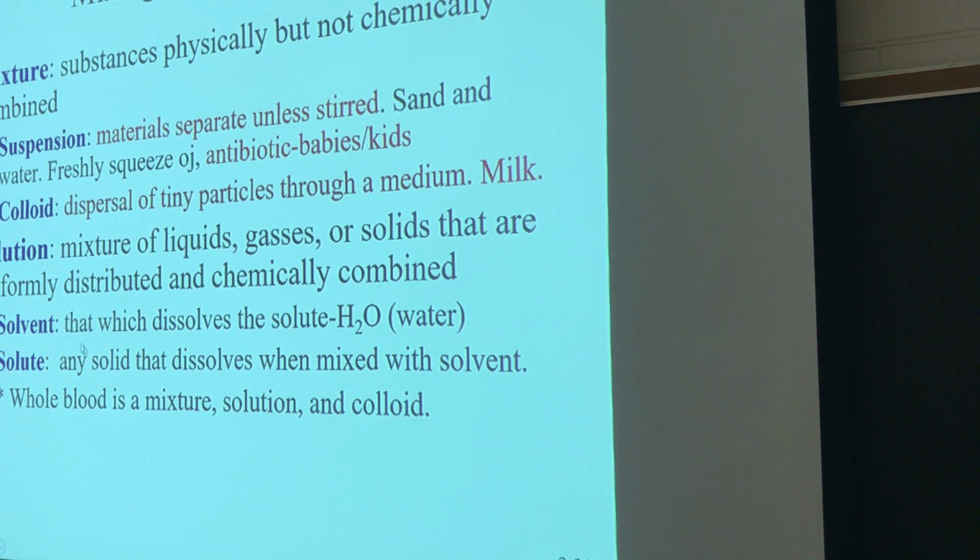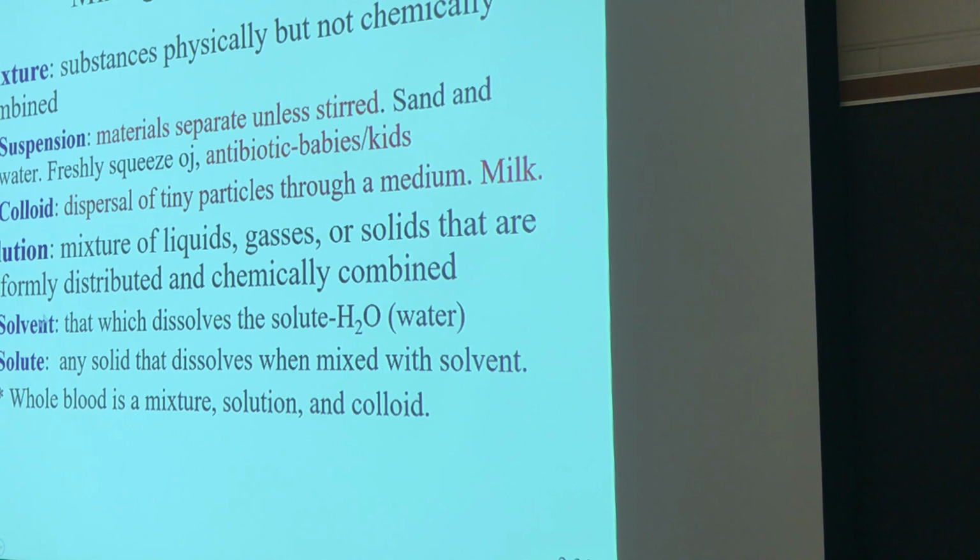A solute, and we do use this term a lot, is any solid that dissolves. So it can be a salt, it can be a protein, it can be a hormone that can go into that water in our bloodstream, the plasma, and then dissolve in it. The only thing it can't be is fat. Fat and water, oil and water don't react.